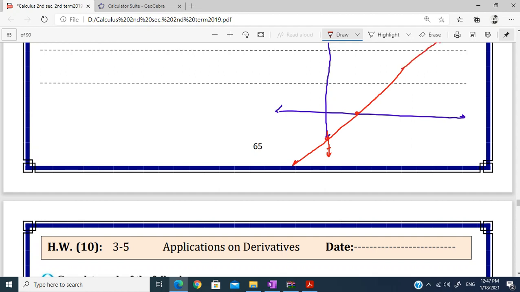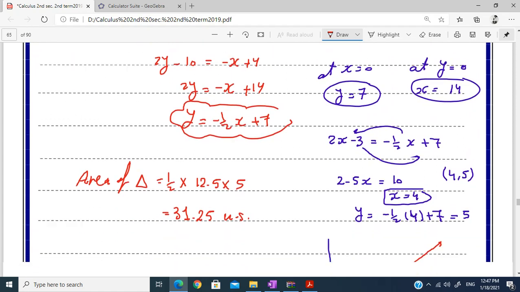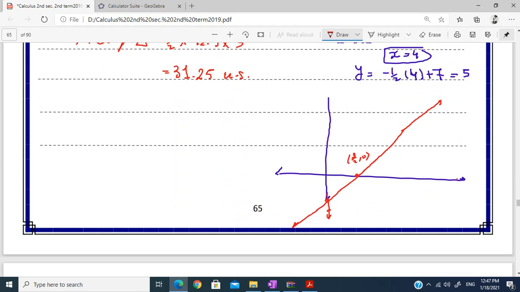The normal of the curve is at points (0, 7) and (14, 0). This is a straight line. The intersection point between the two lines is at (4, 5).